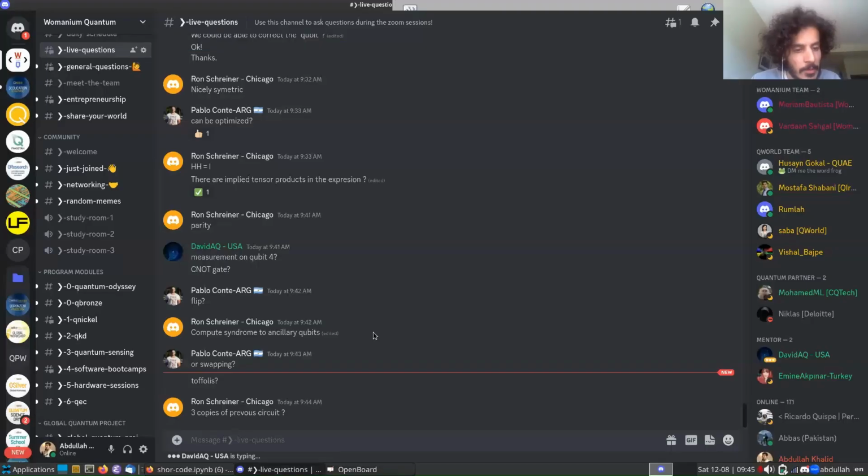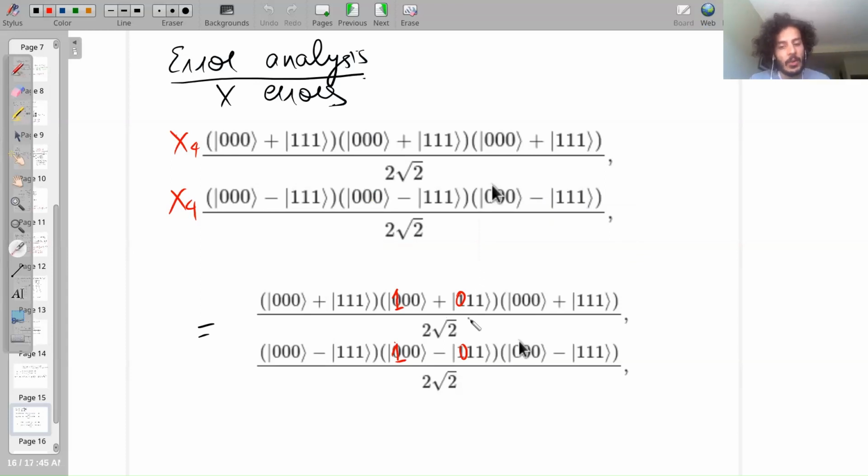Yeah, so it's basically 3 copies of the previous circuit that we have. So we'll repeat that process in the third block as well. We'll compare the 6th and 7th and 7th and 8th qubits, and we'll see that they're the same. So that allows us to uniquely identify where the error has occurred.